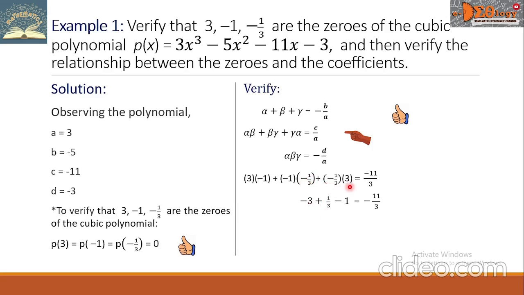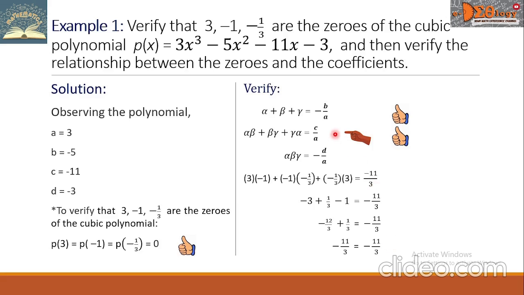Negative 1/3 times 3 is negative 1. It equals negative 11 over 3. We can combine this negative 3 and negative 1. It becomes negative 4, and that is equivalent to the fraction negative 12 over 3. Then plus this 1/3 equals negative 11 over 3. Simplifying the left side, we will come to negative 11 over 3. That is the same value on the right side.